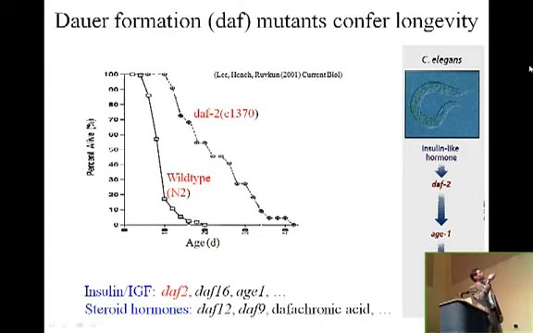So you start with a big cohort, and wild type, and everybody's using N2. This is their survival pattern, and this mutant here, this is one particular allele that's commonly used in the field, is considerably longer lived.